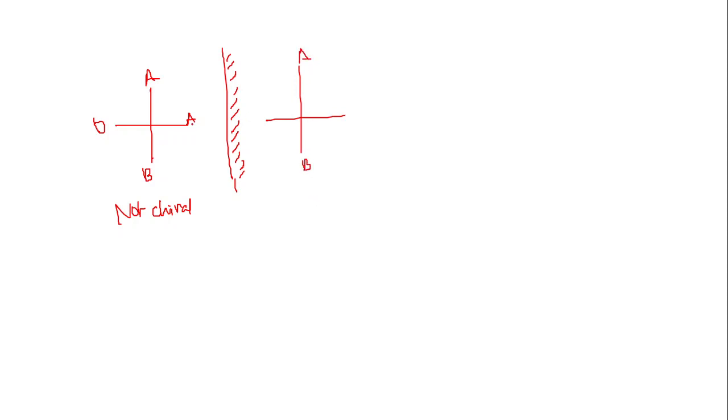So this molecule, if it's B and D, this is not chiral, right? Because they do not have four non-identical valences, right? So if you do a reflection of it in the mirror, this will lead to A and B in its own place, and A and D will be interchanged, right?